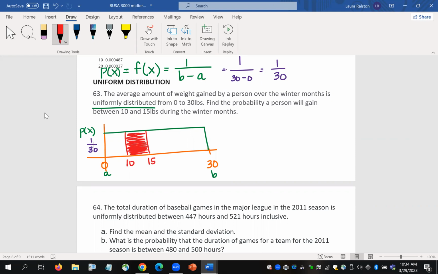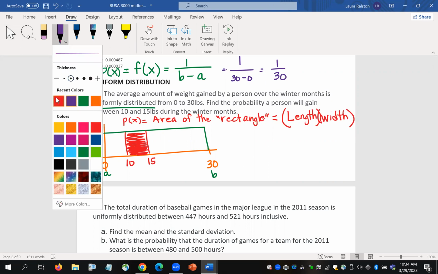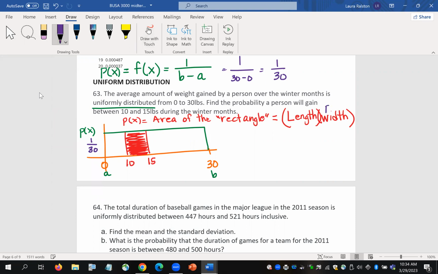So my probability corresponds to the area of that rectangle. And if you'll remember from geometry, the area of the rectangle is length times width. The width in this scenario corresponds to the probability, so it is 1/30.